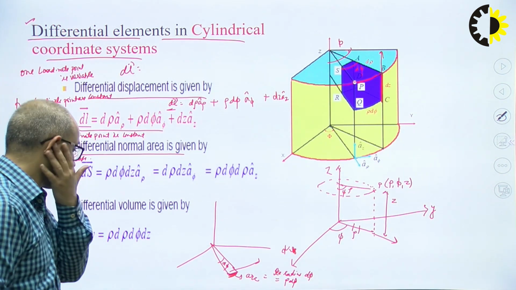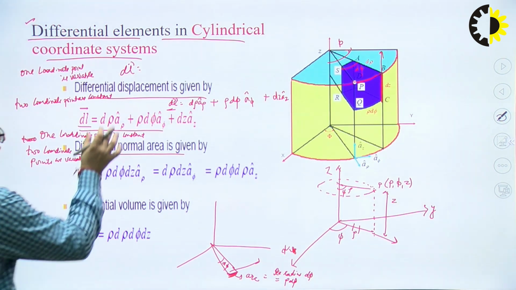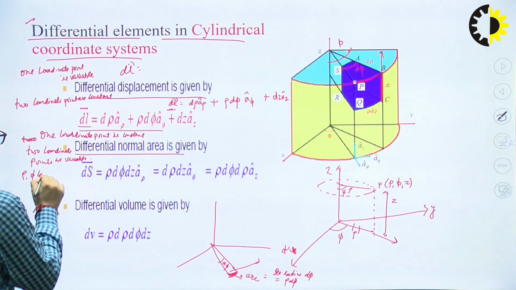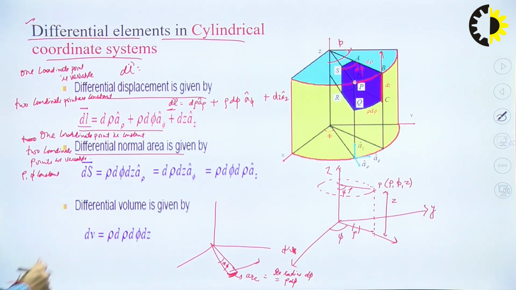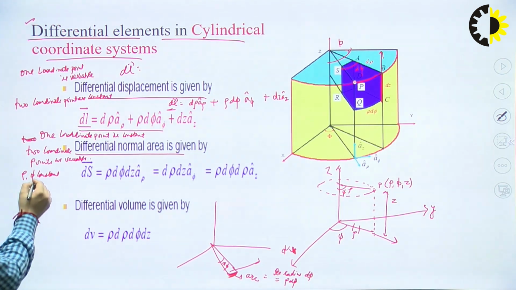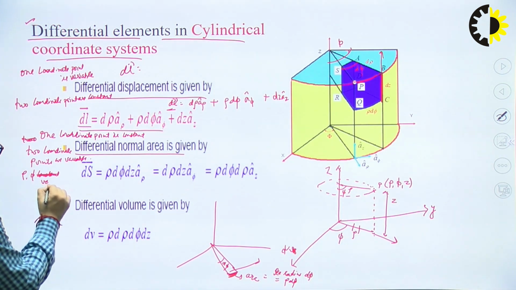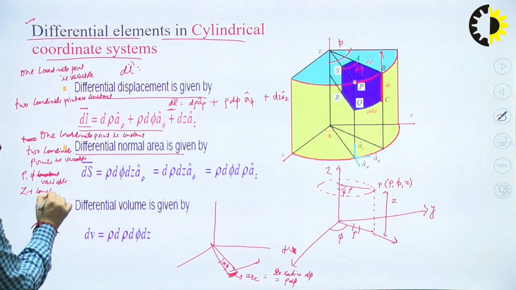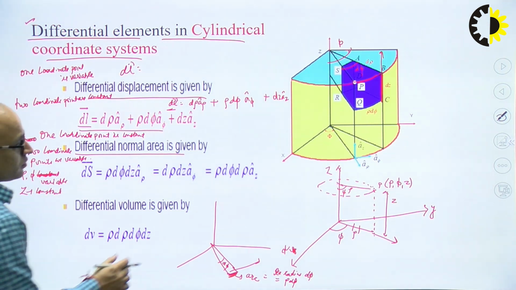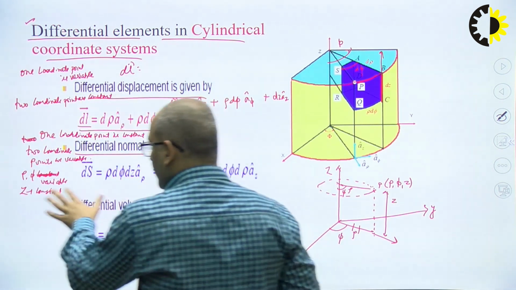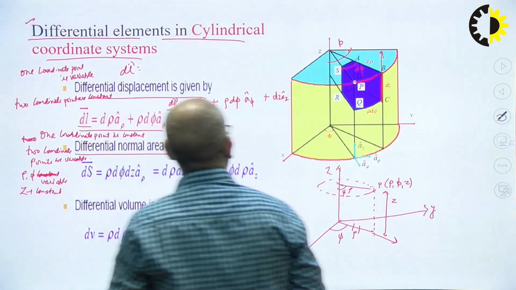When rho and phi are the variables and z is constant, what will the normal surface area be?